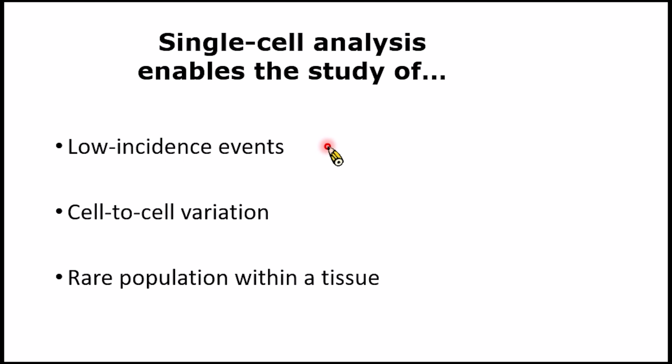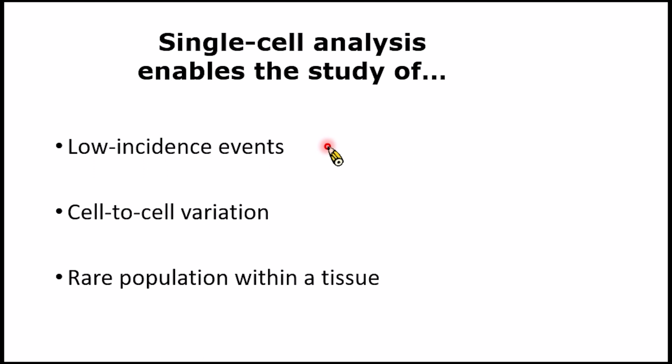For example, if you are studying something that only happens in 1 to 2% of the cells, it's a rare event. In that case, if you only look at the average result of a bulk sequencing from a population, you will never be able to see what you wanted to see, right? So you need single-cell sequencing.